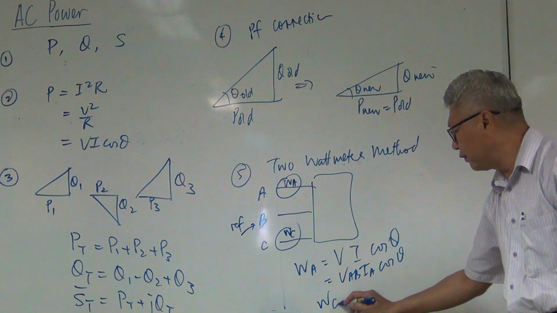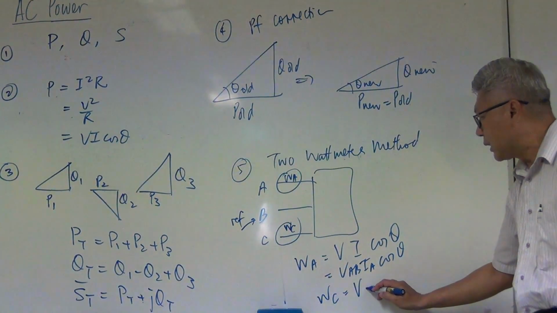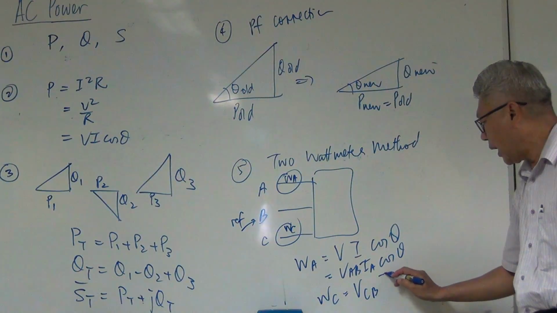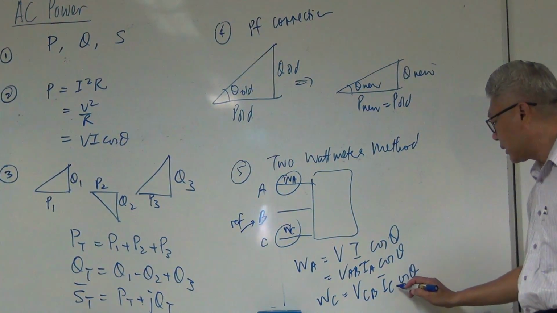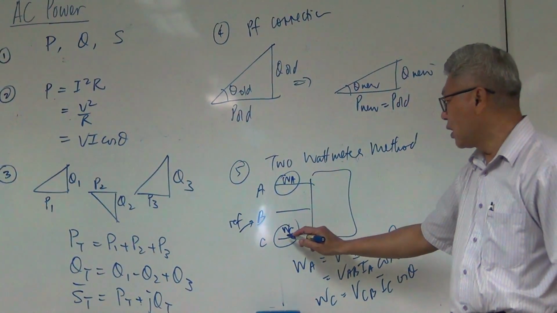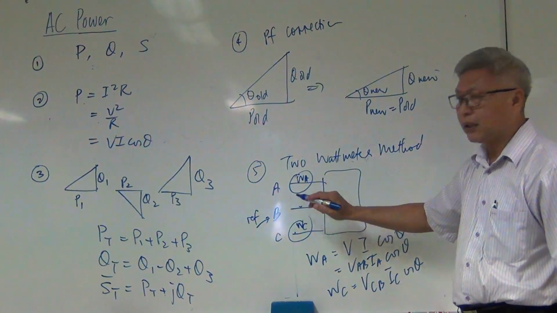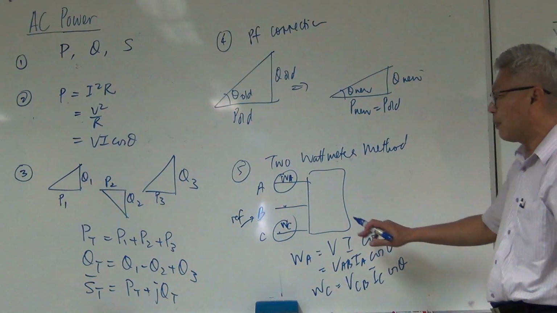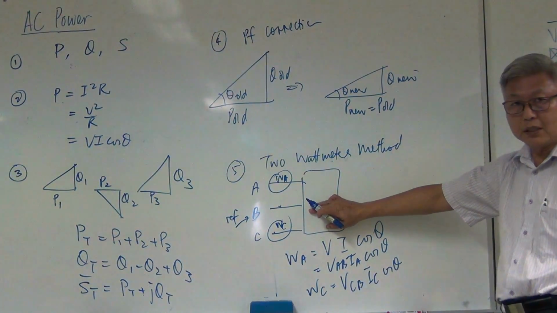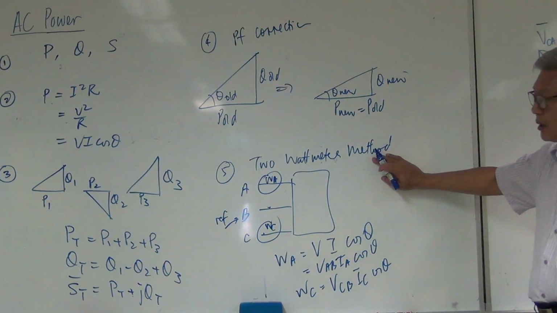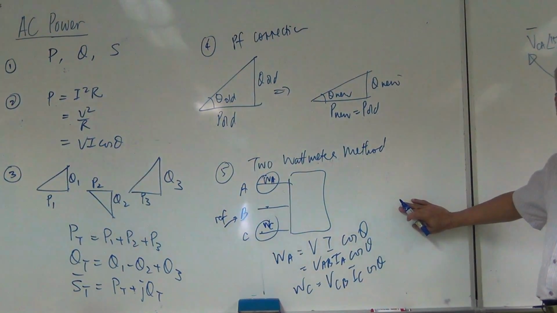And can you confidently say WC is going to be VCB, IC cosine theta? Because I'm using B as a reference, so my voltage is C with respect to B, A with respect to B. In the 2 wattmeters method, I can make B the reference, I can also make A the reference, or I can make C the reference.